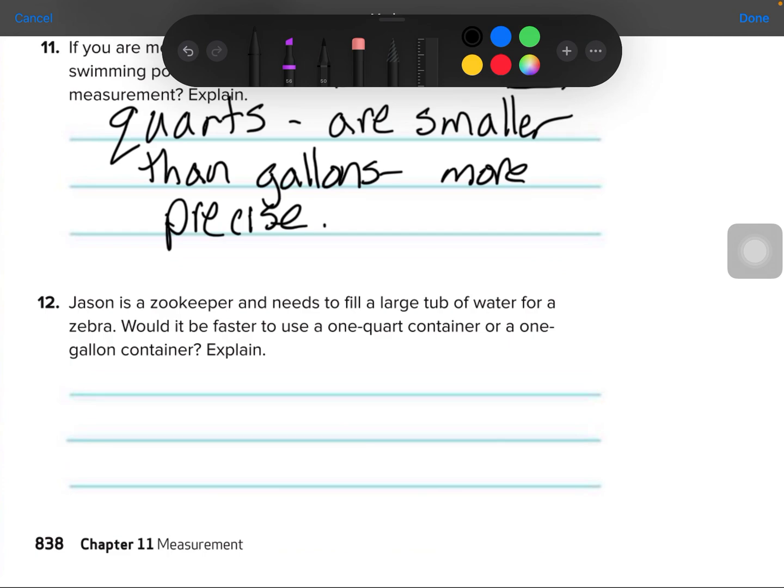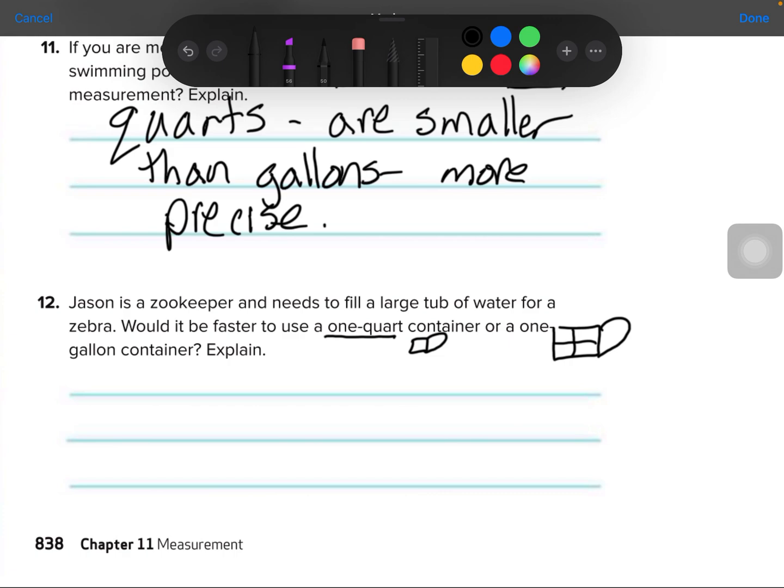Jason is a zookeeper and needs to fill a large tub of water for a zebra. Would it be faster to use a 1 quart container or a 1 gallon container? Explain. Remember, a gallon has 4 of the quarts. Draw a little gallon container with a handle, a little quart container. What would you think?